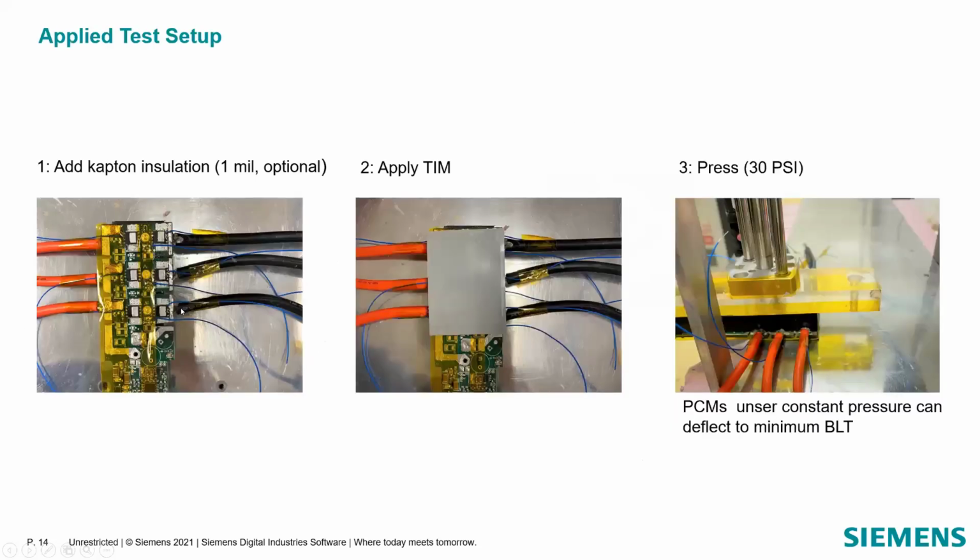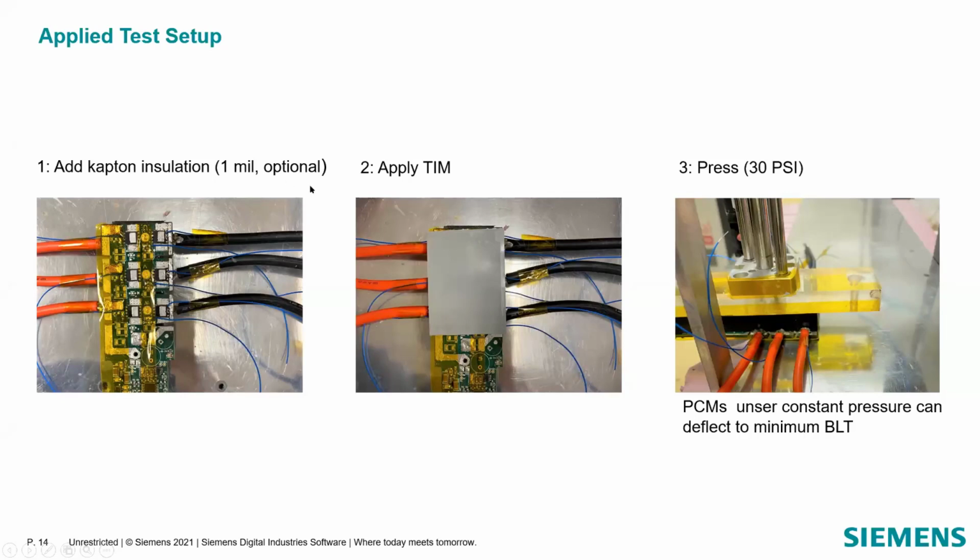To better imagine the test setup, here is the Toshiba board, and the thicker wires were used to provide the heating current, so to create a power step. And the thinner blue wires were used for gate voltage and also the sensing connections. In some cases, for some of those thin materials, which are not meant to be electrical insulators, we added a 1 mil thick Kapton insulation layer just to avoid short circuit.